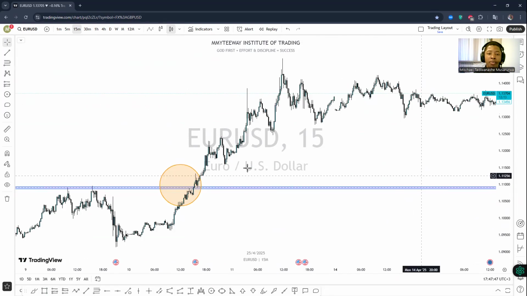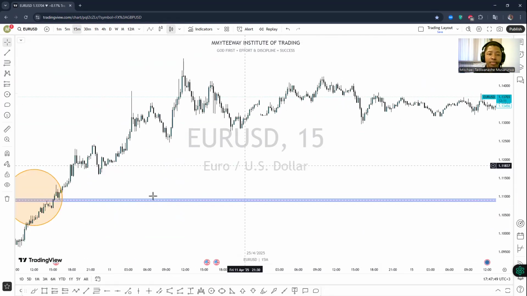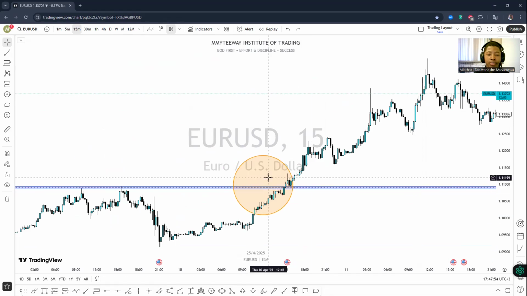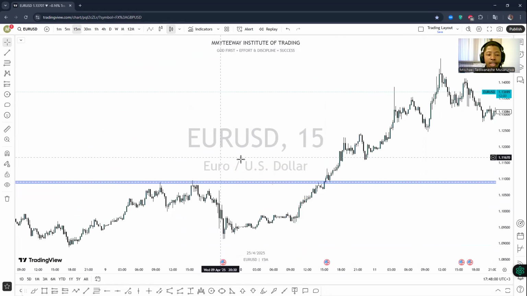Because it is a slow moving pair, right? So you can see in the 15 minutes now, this in the 4-hour will be a single candle, but in the 15 minutes you can see that it is acting as a resistance.